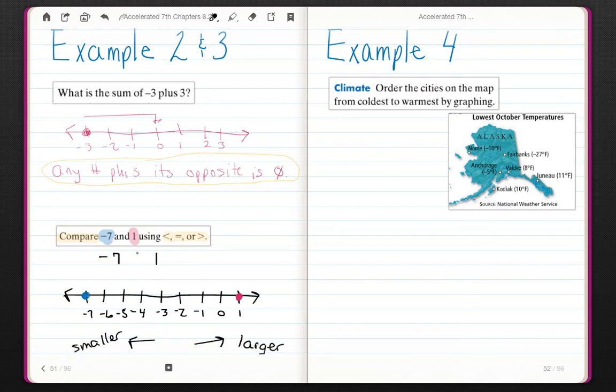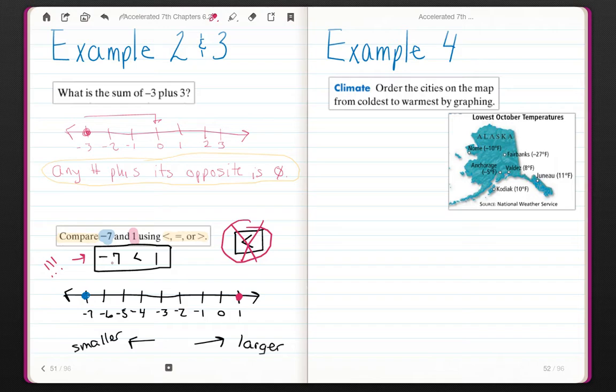Therefore, -7 is less than 1. And the entire inequality is your answer. Do not just give me the symbol as your answer. That is a big no-no. You must write the entire thing.